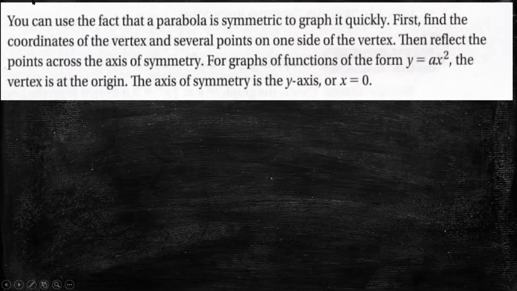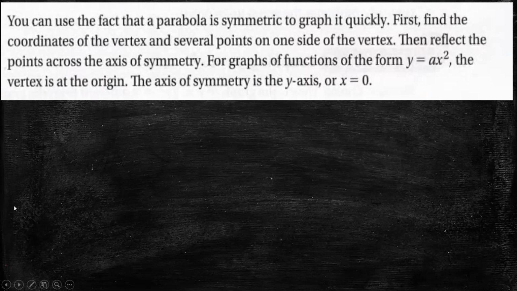Now let's see how we can graph it. First, find the coordinates of the vertex and several points on one side of the vertex. Then reflect the points across the axis of symmetry.